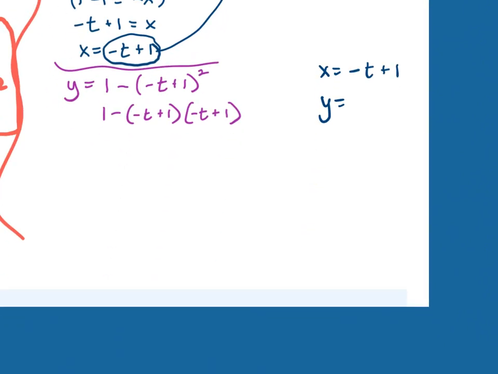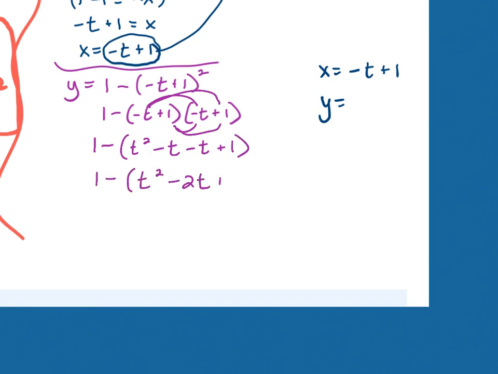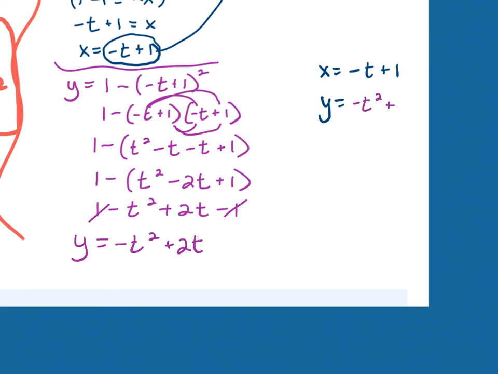So I could do first, so 1 minus negative t times negative t is t squared. Negative t times 1 is minus t. 1 times negative t is minus t. 1 times 1 is 1. 1 minus t squared minus 2t plus 1. And I get 1 minus t squared plus 2t minus 1. These cancel, and y equals negative t squared plus 2t. Or you can reverse the order on that, doesn't matter. So negative t squared plus 2t.